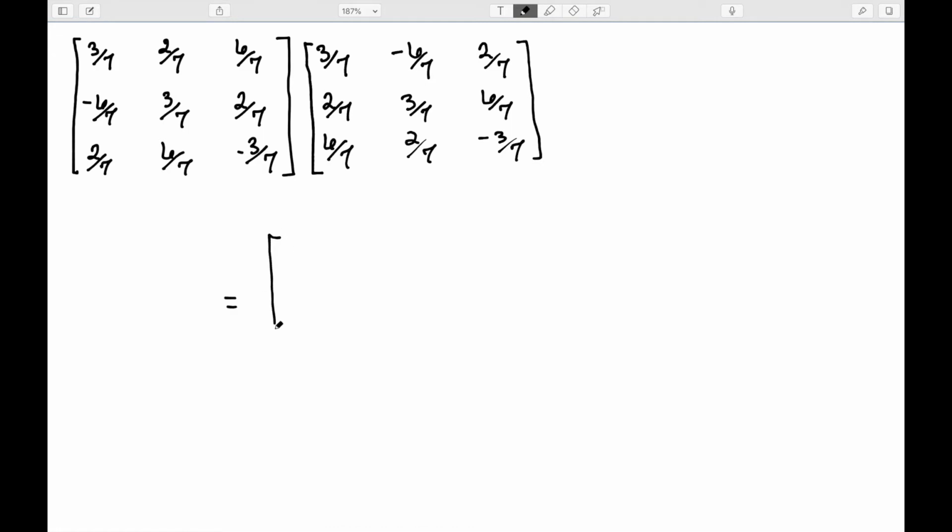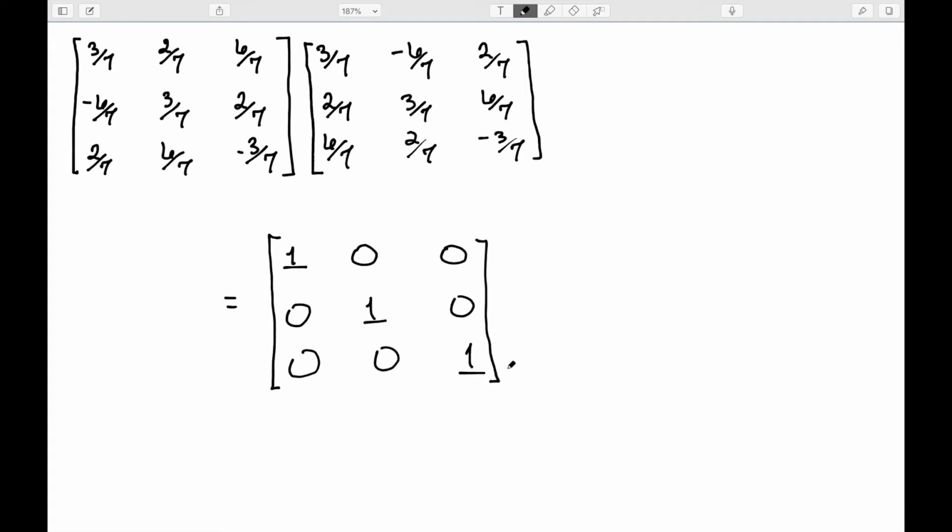And as we multiply this, we would have 9 over 49 plus 4 over 49 plus 36 over 49, which ends up being 1. We can continue to multiply out, and when we do, we will see that we get the identity. So this would be an example of an orthogonal matrix.